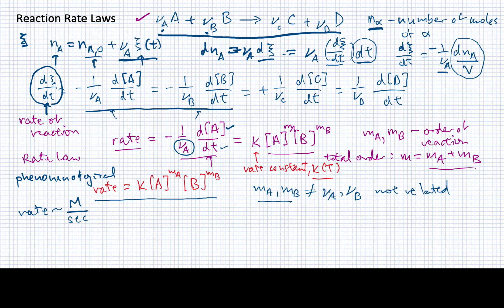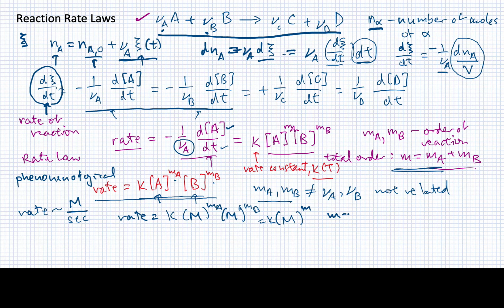Now we relate the rate in this expression to molarity raised to a power and another molarity raised to a power. So in fact, we're going to have that rate is equal to k times molarity to the m sub a times molarity to the m sub b, and you'll notice that this just gives us k times molarity raised to the m_a plus m_b, but we've defined that to be the total order.